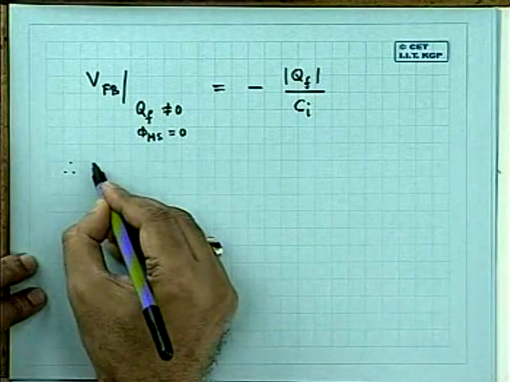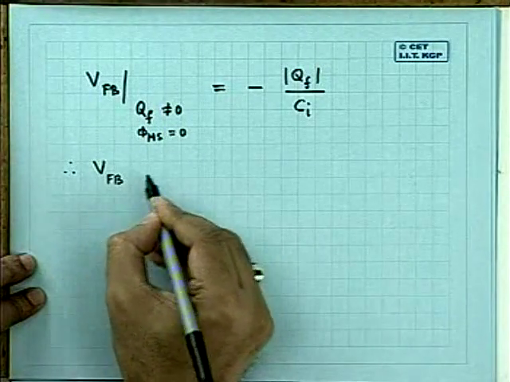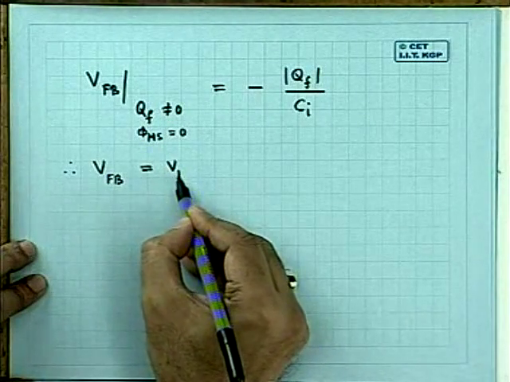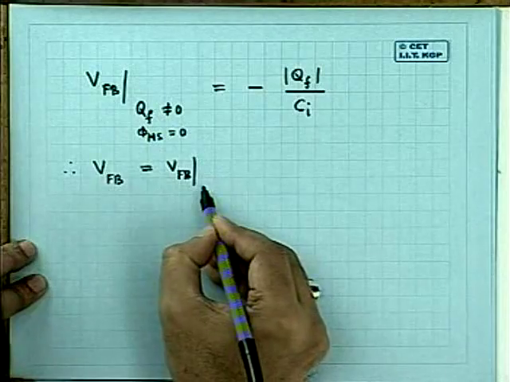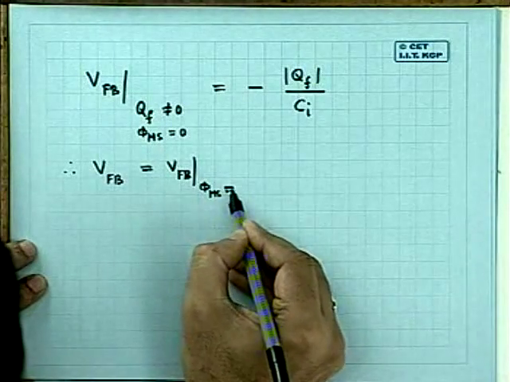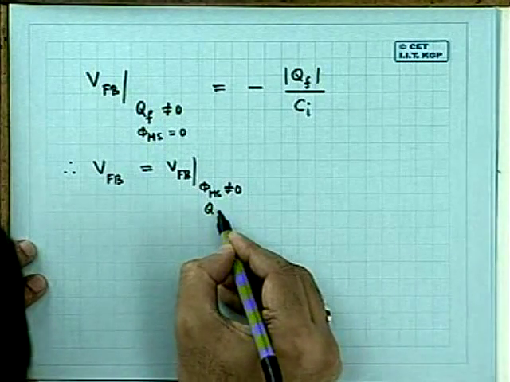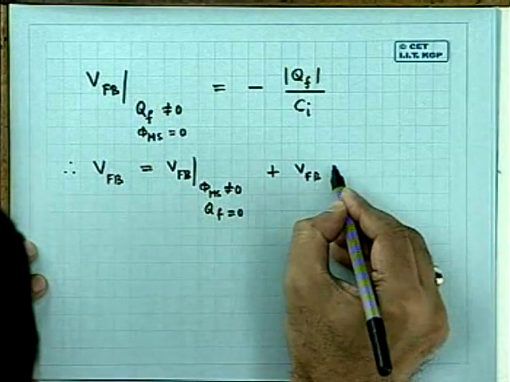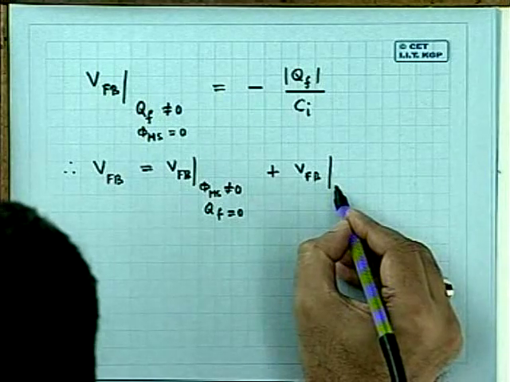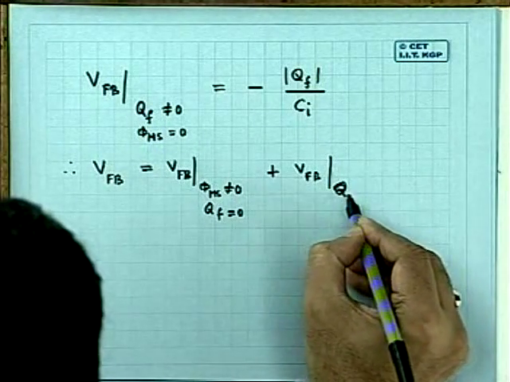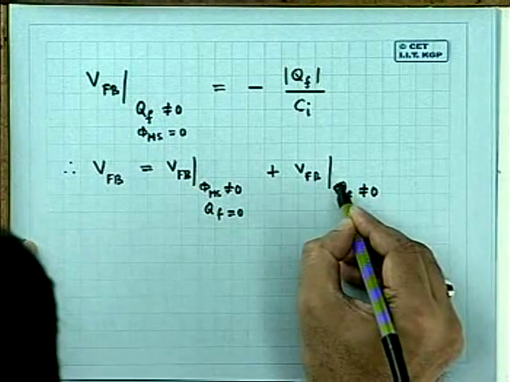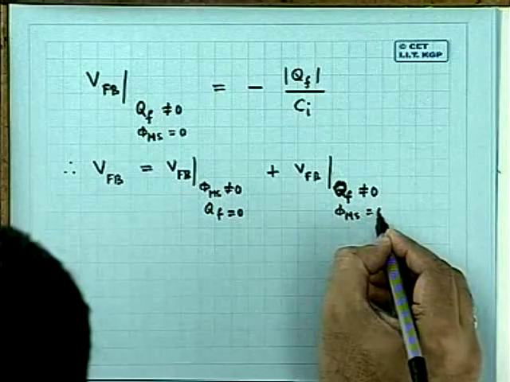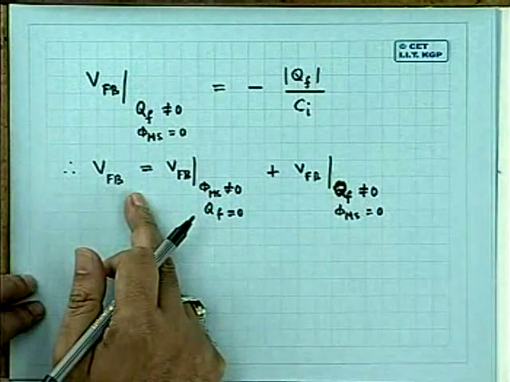Therefore, the total flat band voltage is the flat band voltage for phi ms non-zero but QF 0, plus the flat band voltage due to QF non-zero but phi ms 0. The sum of the two should be the actual flat band voltage.